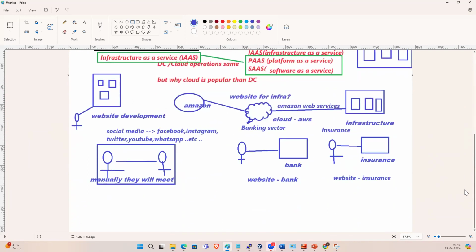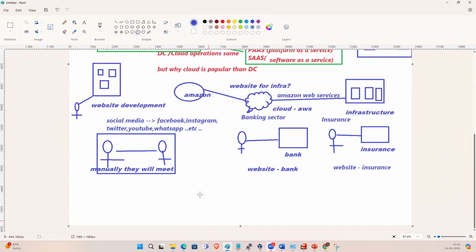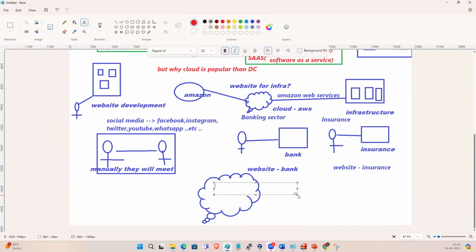Yes, bro. So the cloud providers: what are the cloud providers, guys? Cloud providers means the companies who are providing cloud services.